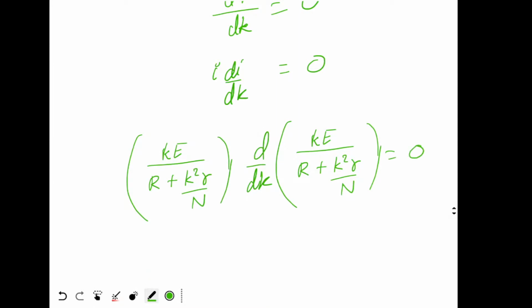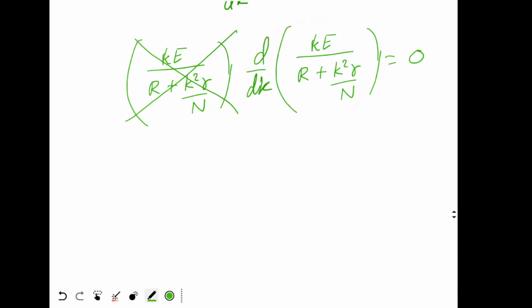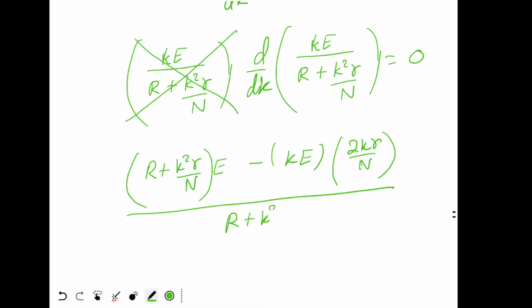Again, nothing more is needed here. We just need to differentiate this. We apply the division rule for differentiation. R plus K square R by N times the derivative of the numerator, which gives E, minus KE times the derivative of the denominator, which gives 2KR by N, divided by R plus K square R by N whole square, equal to 0.